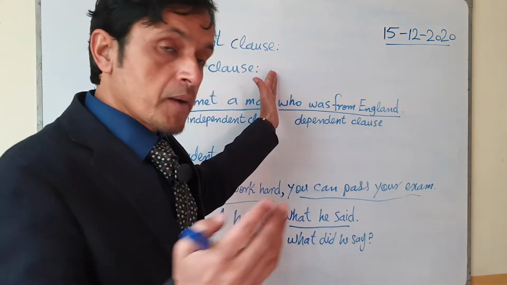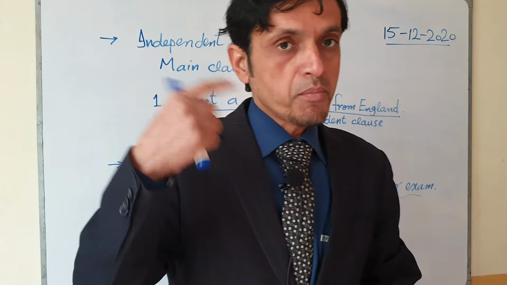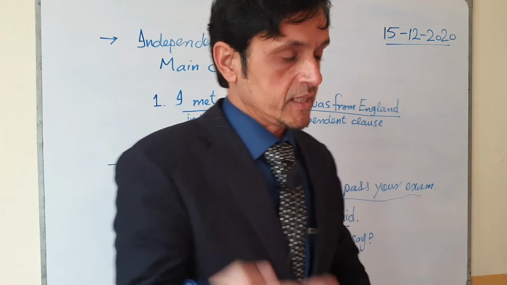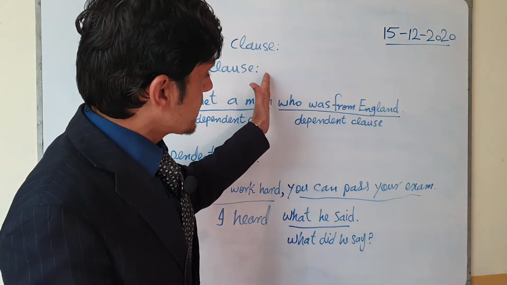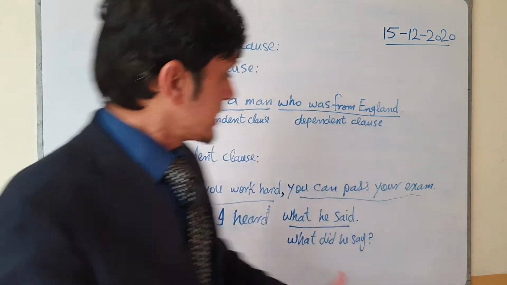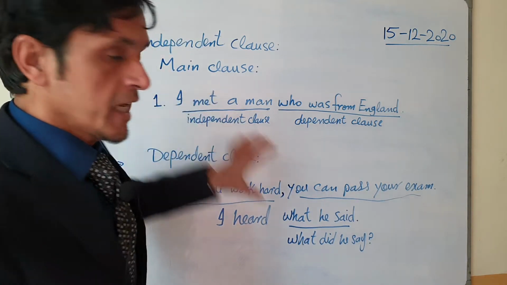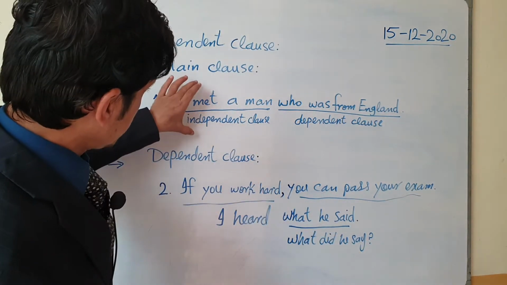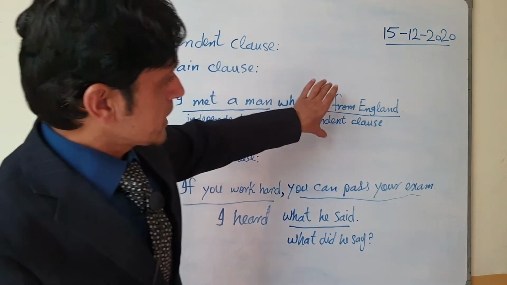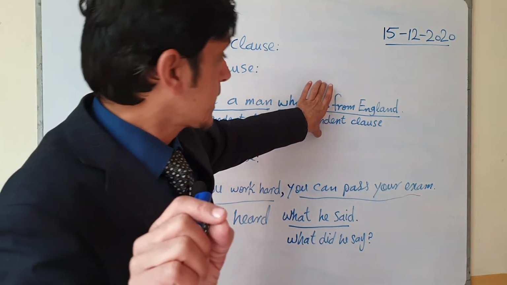Who was from England? You must wonder who that person was. The meaning cannot be clear until we put the independent clause here. After putting the independent clause, the meaning of the dependent clause will automatically be clear.